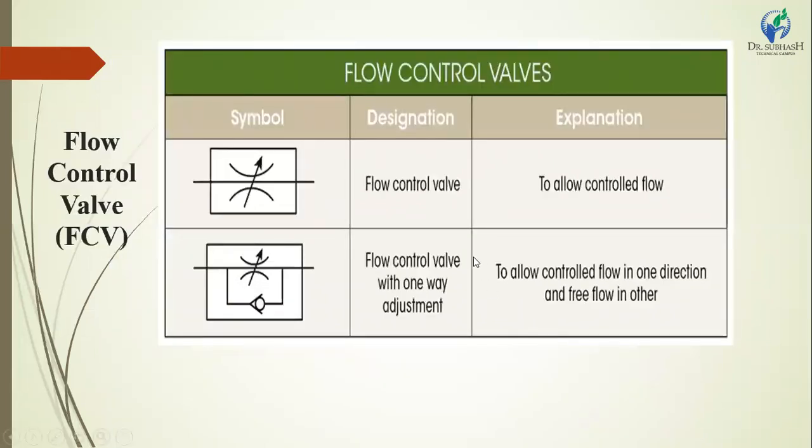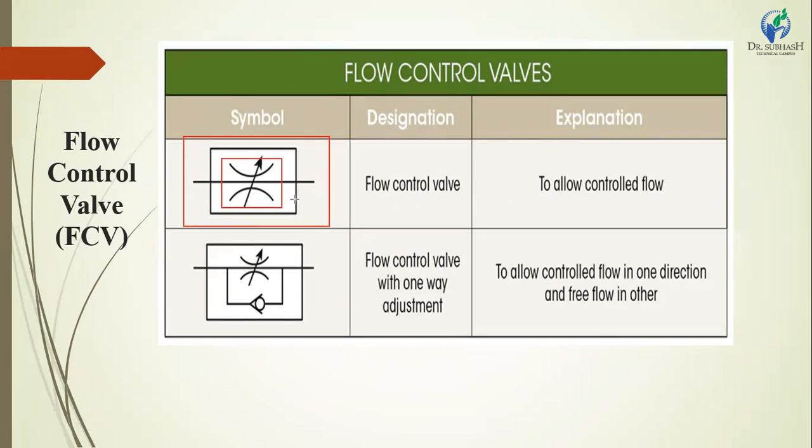Next is the flow control valve, FCV. The normal symbol for the flow control valve is to allow control of flow. If maximum flow or excess flow occurs in the hydraulic circuit, it may be necessary to control the flow. This symbol is the normal symbol for a flow control valve.